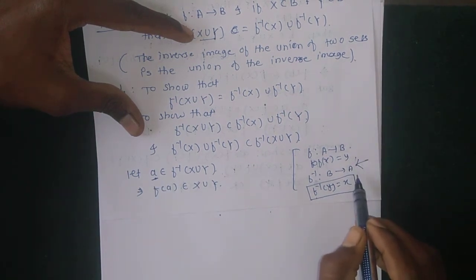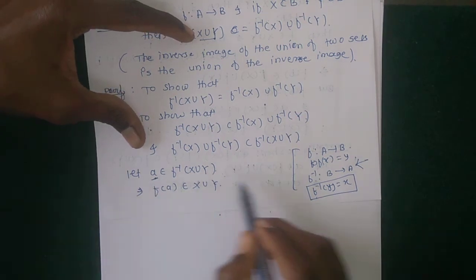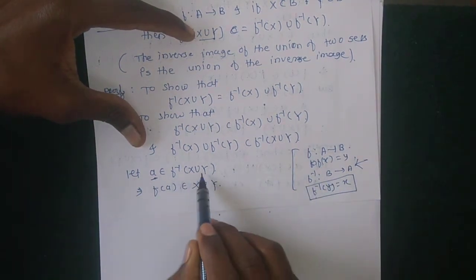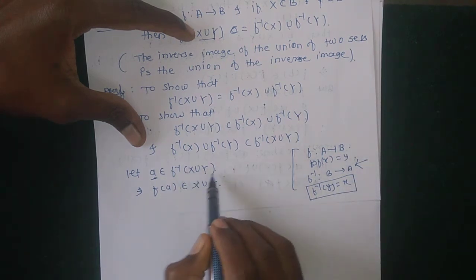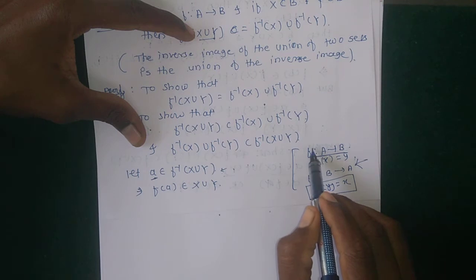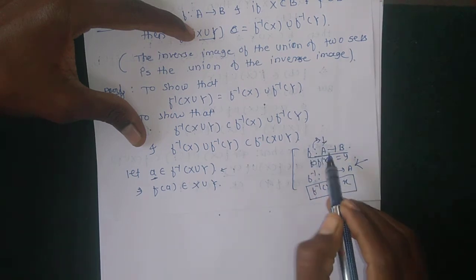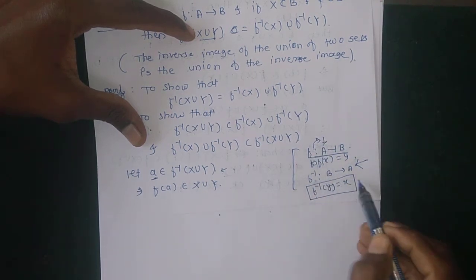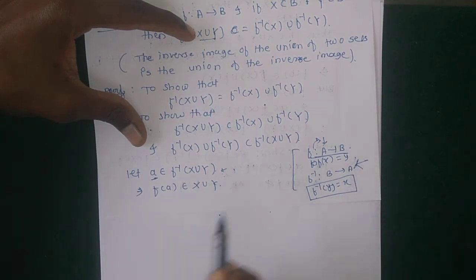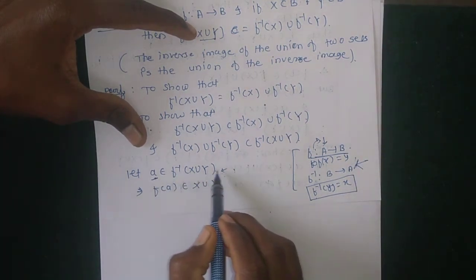Since f is from A to B, the inverse image belongs to A, the domain. Therefore a belongs to f inverse of X union Y.